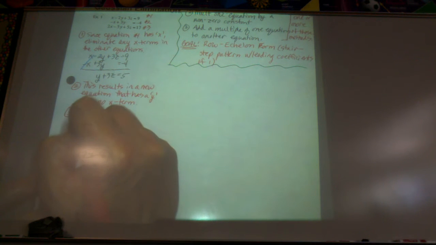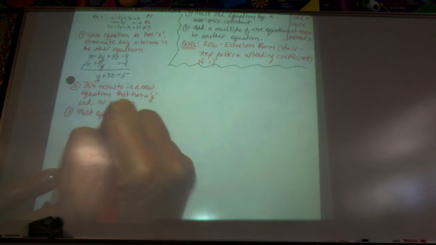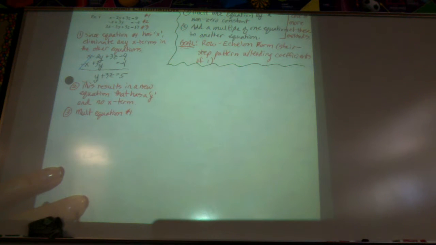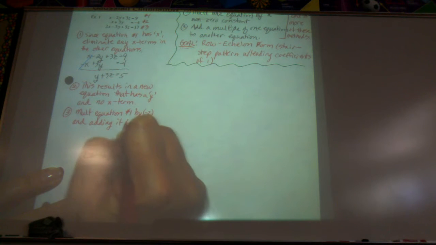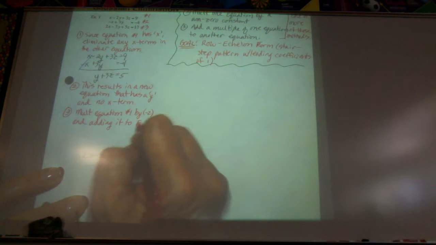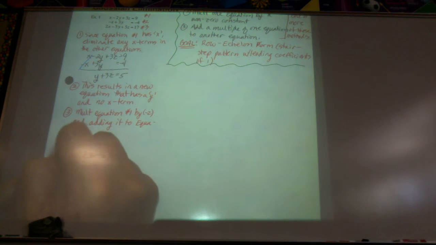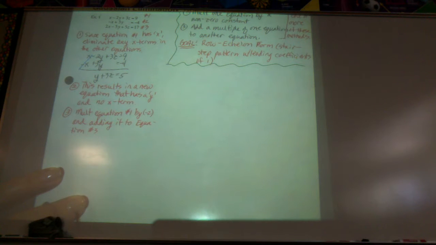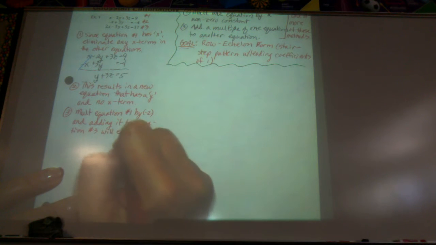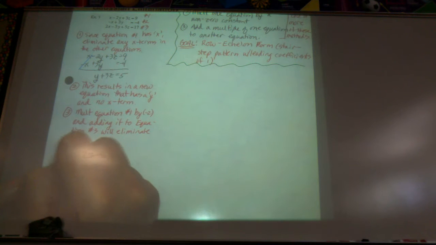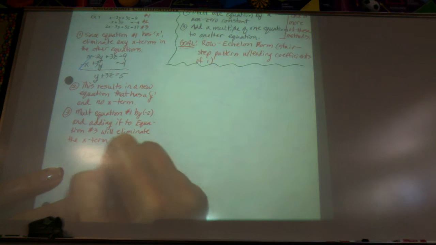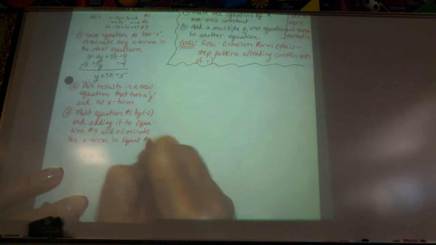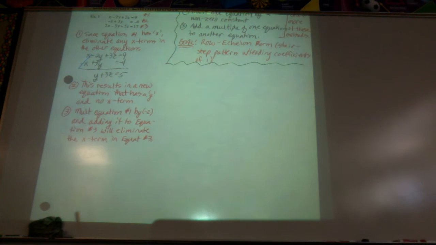So multiplying equation 1 by negative 2, and adding it to equation 3, we'll eliminate the x term in equation number 3. So that's our purpose for doing that, and that's why you're writing yourself that note.